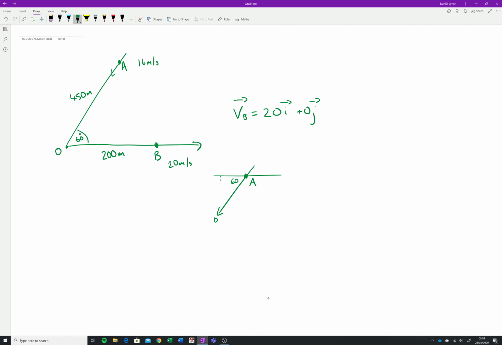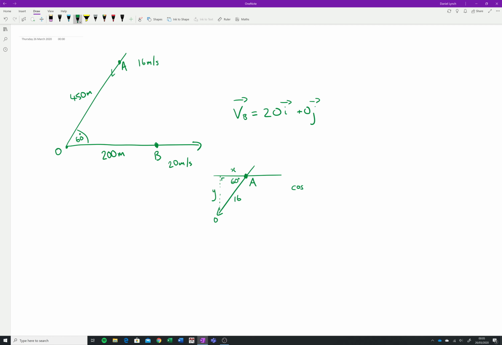And if we just maybe draw in a right angle here, we can now resolve what it's doing. We know that it is going 16 meters per second along here. So we know that that's 60, and we know that there's 60 degrees. So if we call this X, and we call that Y, what can we say?